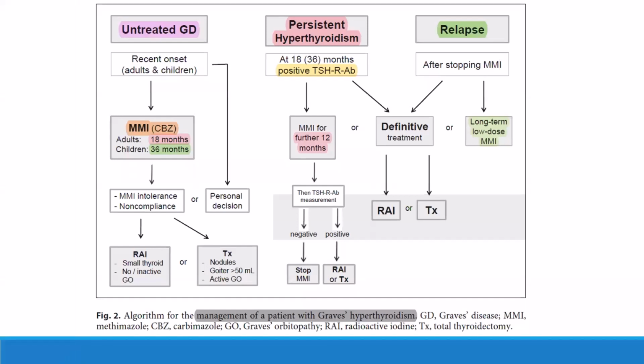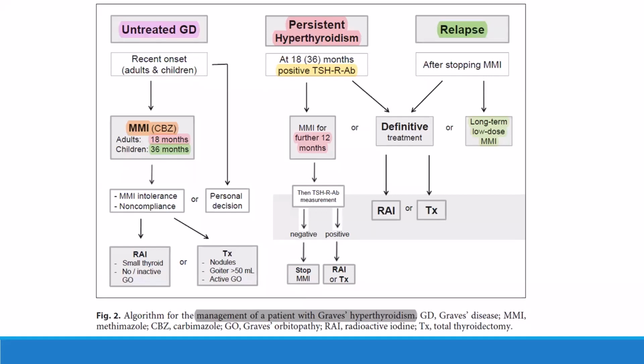And this is a very important algorithm for the management of patients with Graves' disease. Of course, if you see any case of untreated Graves' disease, usually we prefer methimazole or carbimazole. So for any patient with recent onset Graves' disease, either adults or children, the best option is medical therapy, especially if medical therapy induces a high rate of remission.